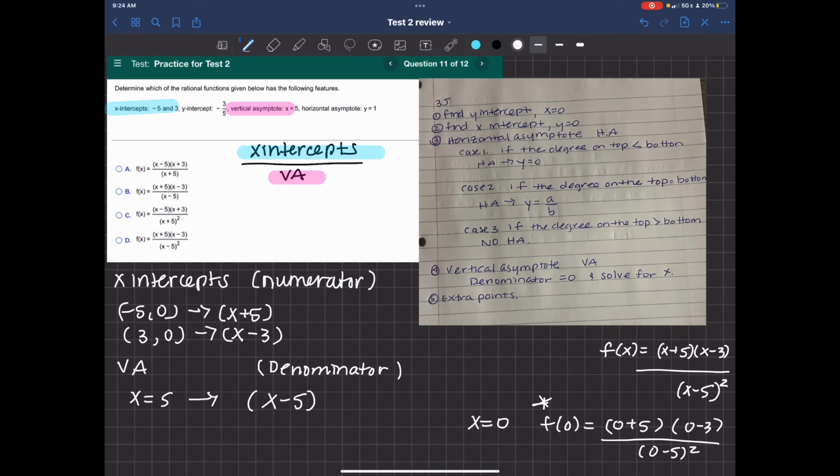So then I get -3/5. So this is my solution, and that's going to be option D.